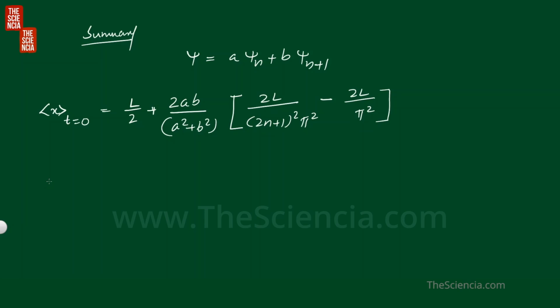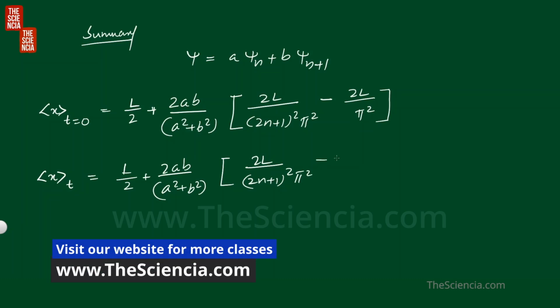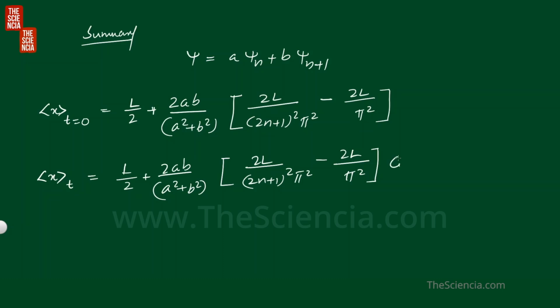And if we are considering the time evolution and finding the expectation value after some time t, the expectation value of x at time t will be equal to L by 2 plus 2ab by a square plus b square into 2L by 2n plus 1 all square pi square minus 2L by pi square into cos of En minus En plus 1 times t by h cross.